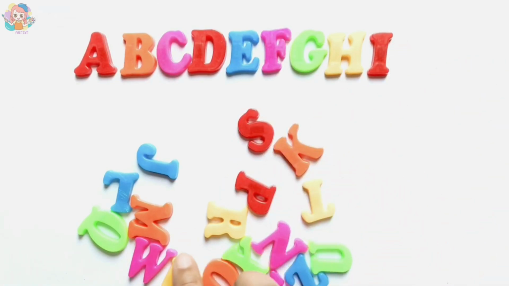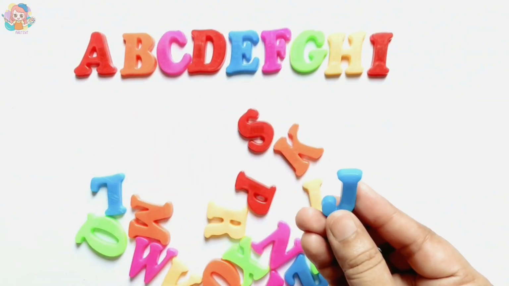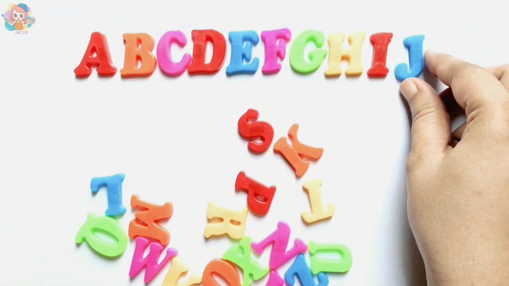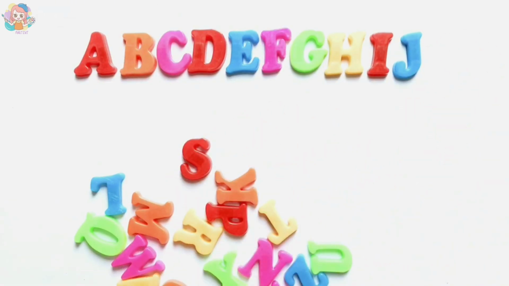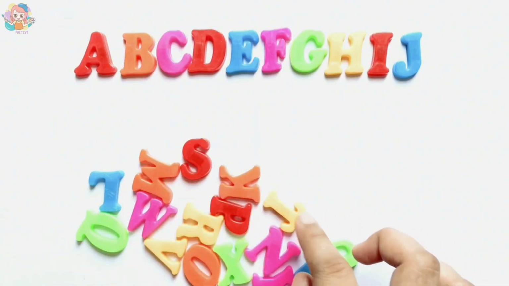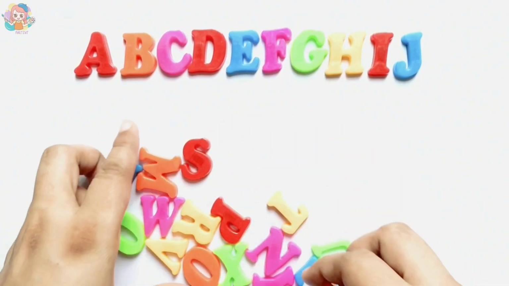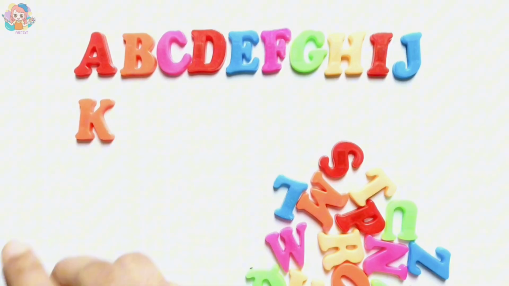Next alphabet J. J for jolly. Where is K? Next alphabet K. Oh, K. K for kite.